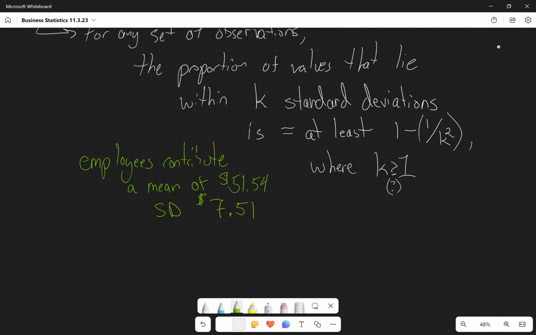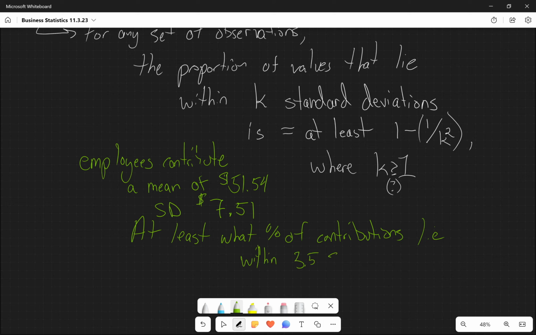We are asked at least what percent of contributions lie within 3.5 standard deviations, so it's plus or minus 3.5 standard deviations of the mean.